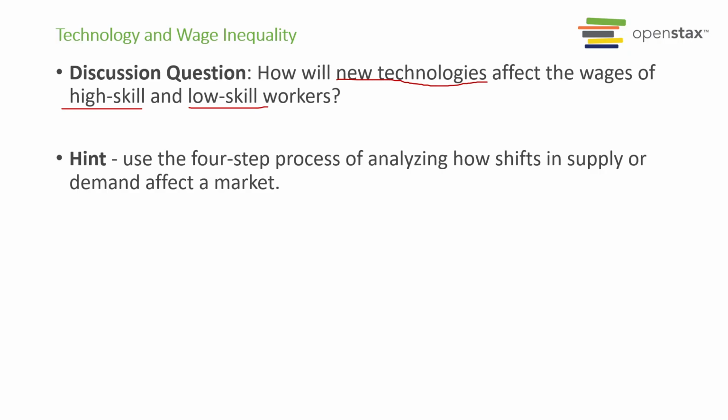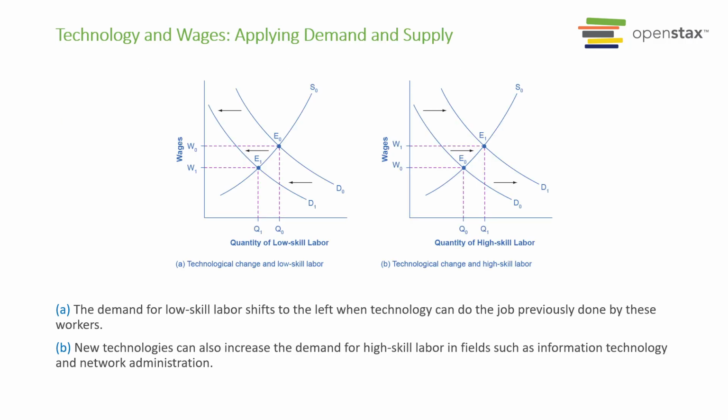This is going to be one of those scenarios where the technology might benefit the high-skilled workers, but might actually offset or replace the low-skilled workers. So this is what this textbook example is going to look at. Let's take a look and see what that does to our market for high- and low-skilled labor.